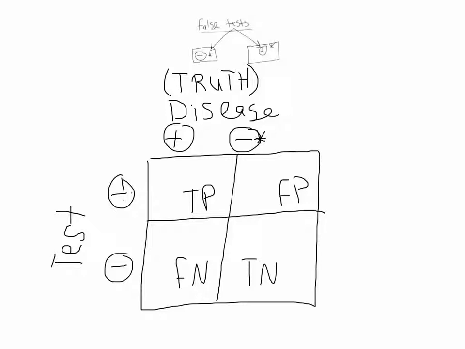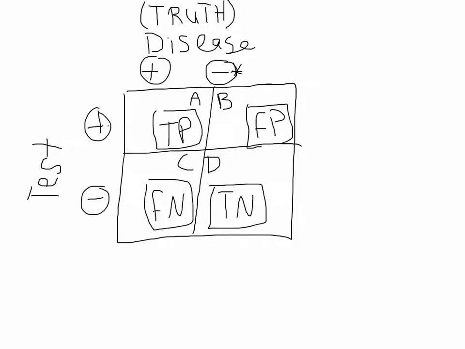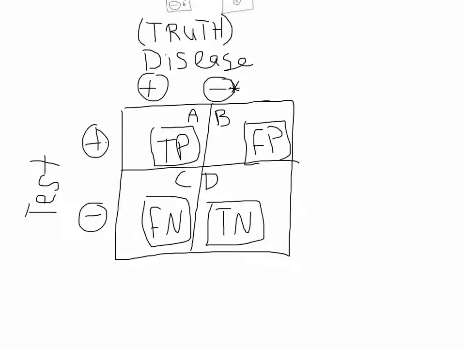So you may encounter a box like this, and sometimes the boxes are just simply labeled A, B, C, and D, where A represents the true positives, B represents the false positives, C the false negatives, and D the true negatives. So here in this first column, we have everybody with the disease. Let's say that we have 100 people with the disease and 100 people without.